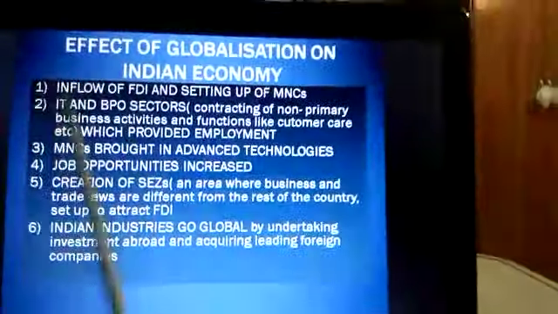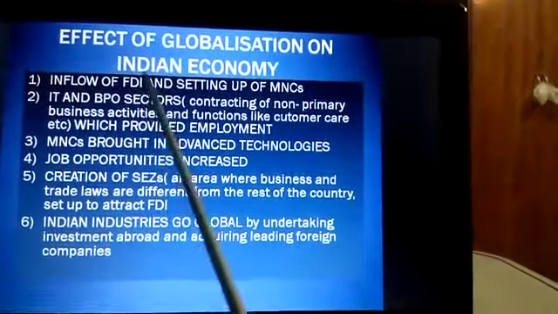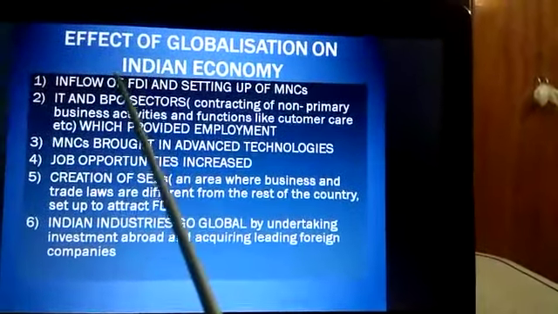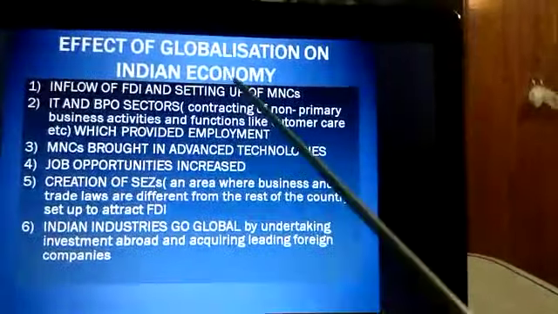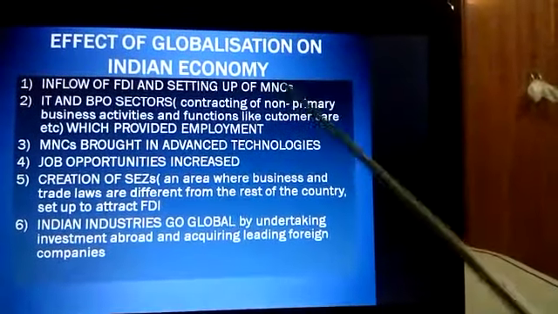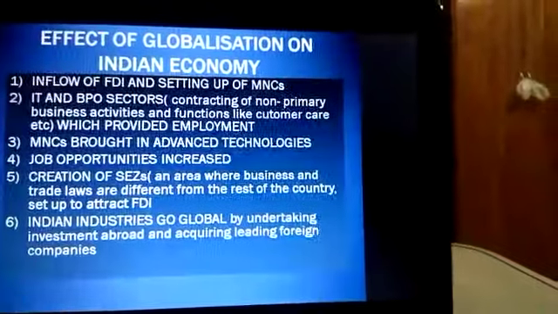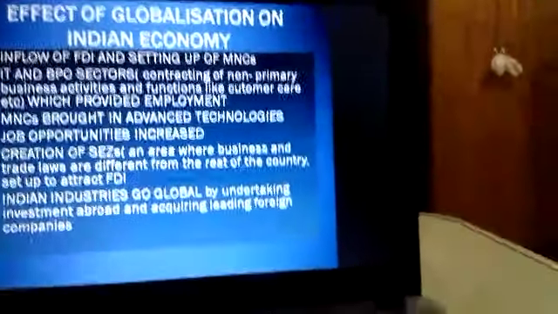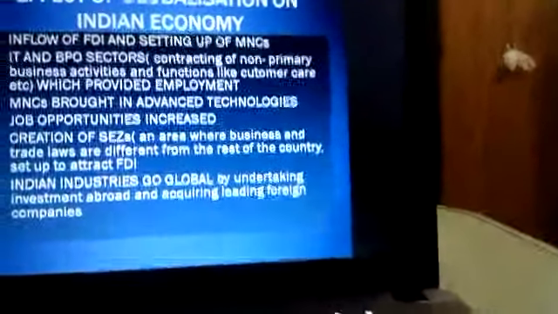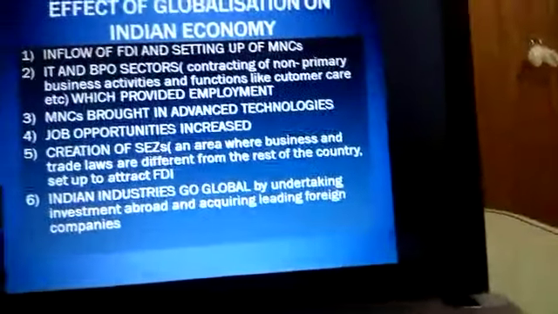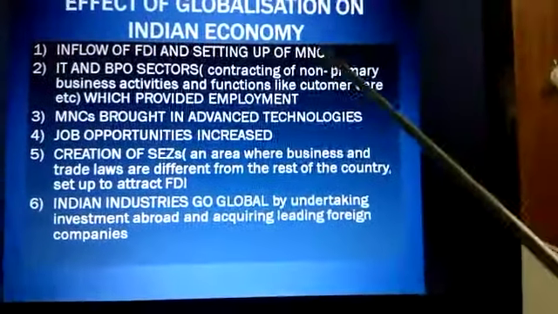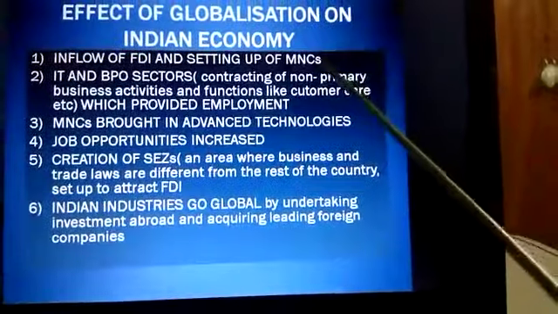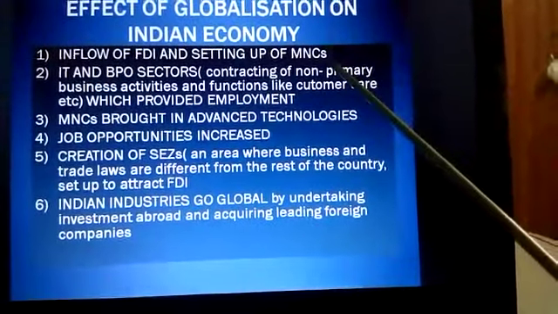The first one is there was an inflow of investment from foreign countries, plus there was a setting up of multinational companies. That means the foreign companies came into India and set up manufacturing units which were jointly owned by India as well as by the foreign country.